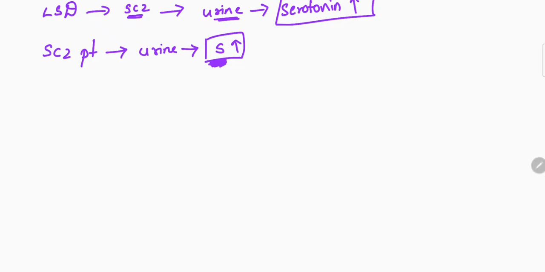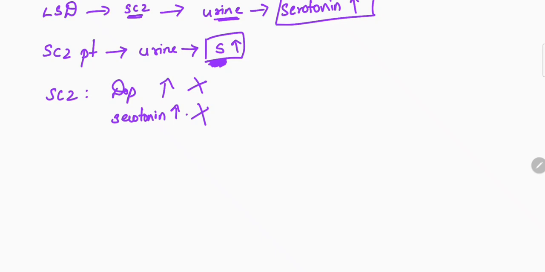So now we understood that in schizophrenia the main problem is that the dopamine levels are high, and also the serotonin levels are high.